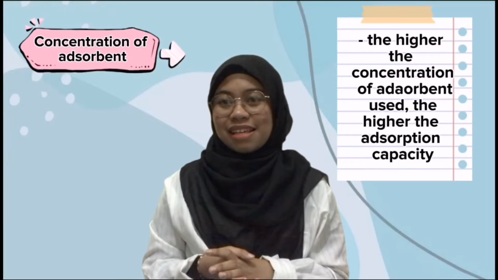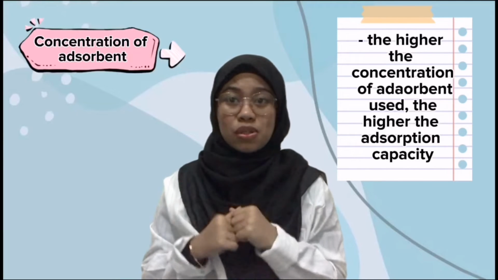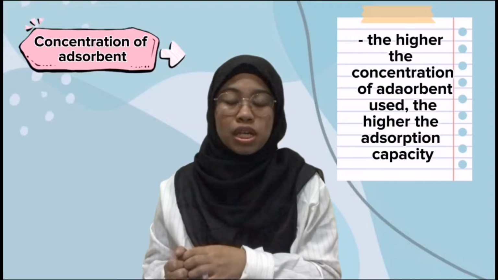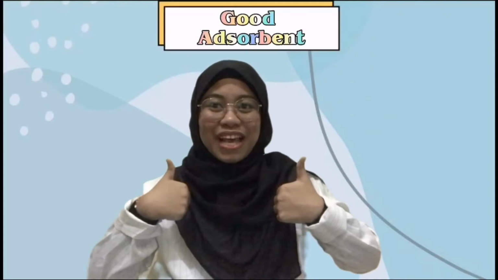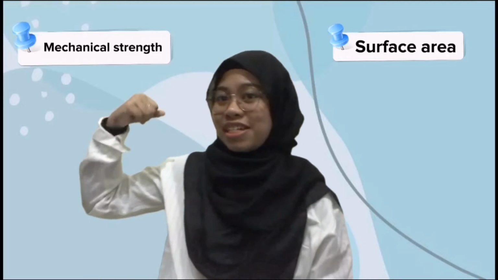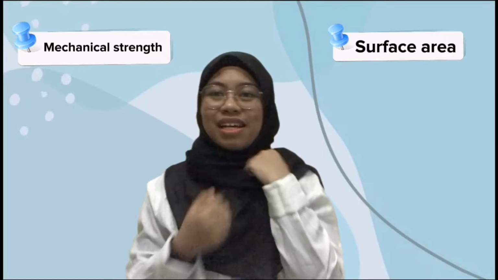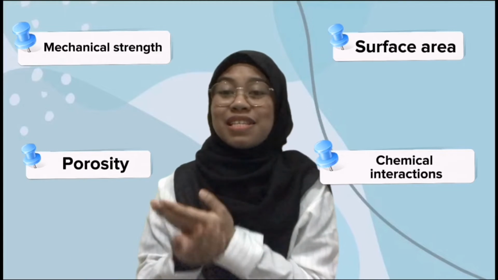Lastly is the concentration of adsorbent. The higher the concentration of adsorbent used, the higher the adsorption capacity. A good adsorbent depends on surface area, mechanical strength, chemical interactions, porosity, and surface charges.